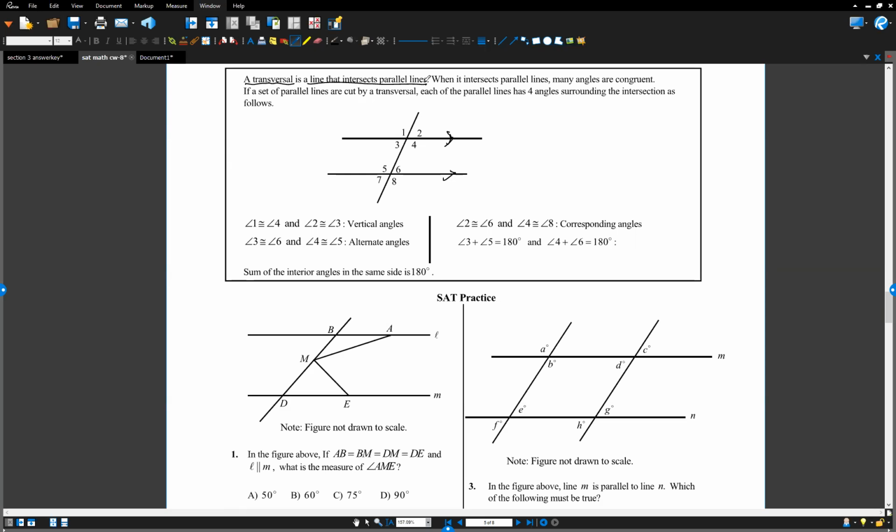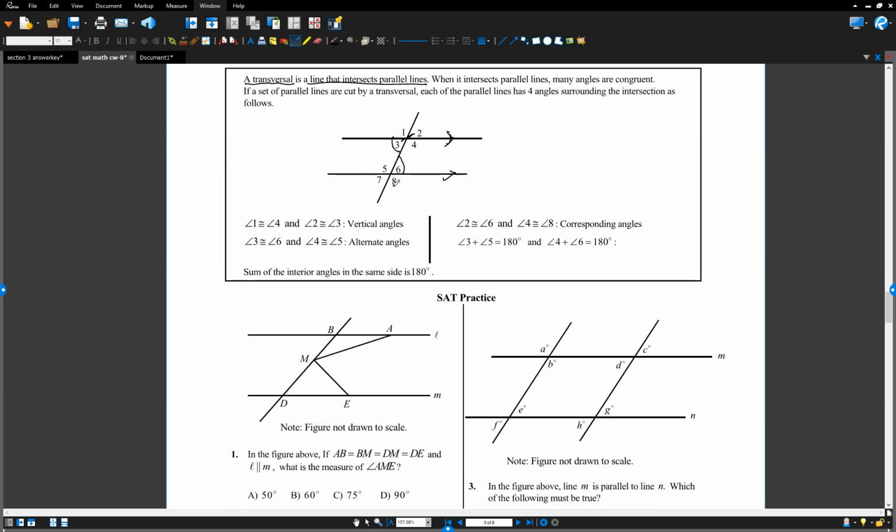The first one you have to memorize. Angle 1 and 4, we said vertical angles. They are already congruent. Angle 2 and 3 are opposite angles, right? These are vertical angles, already equal in measure. Okay, the next one. Angle 3 and angle 6 are equal too because they are alternate interior angles.